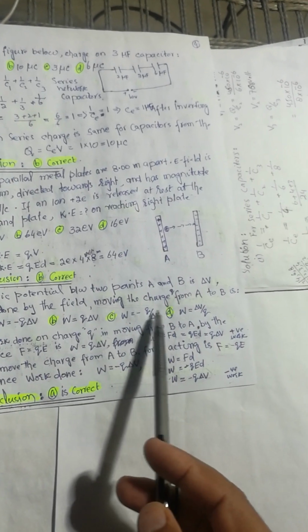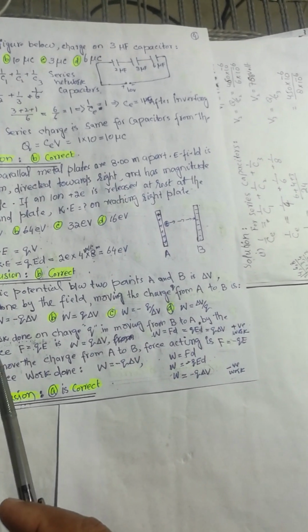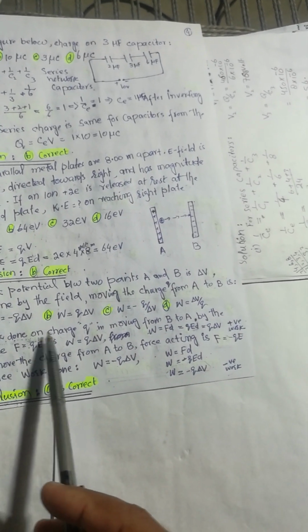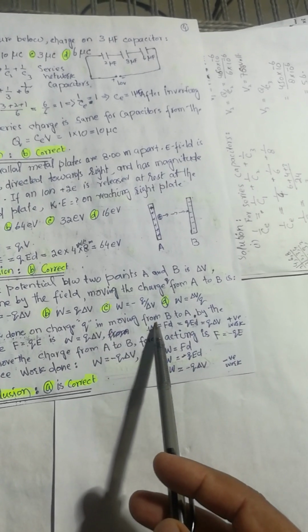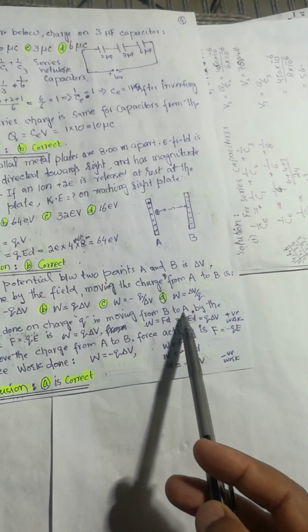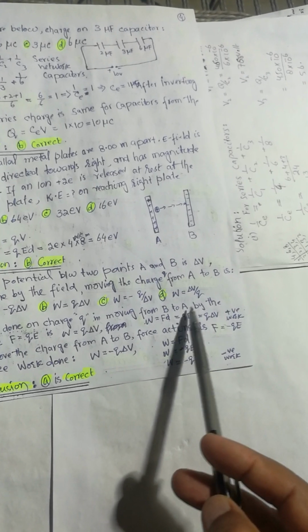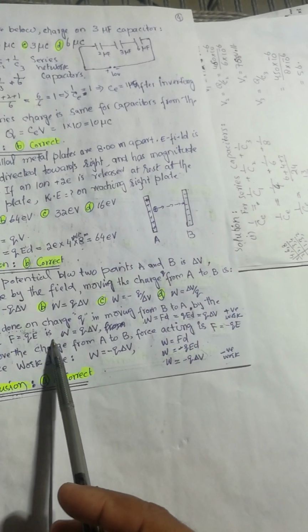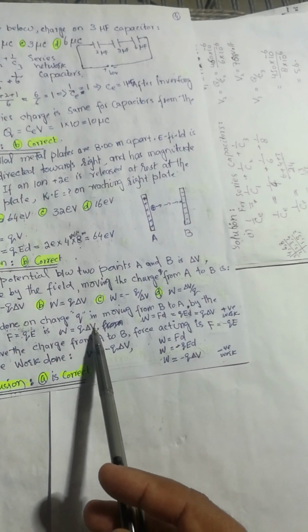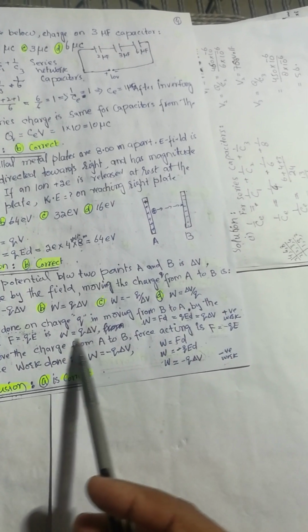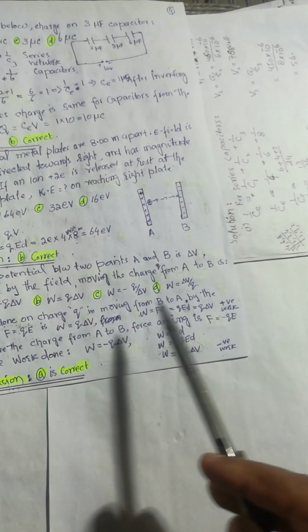One of them will be correct. Now the work done on charge Q moving from B towards plate A by the force F equals QE is W equals Q delta V. How does this work come out?